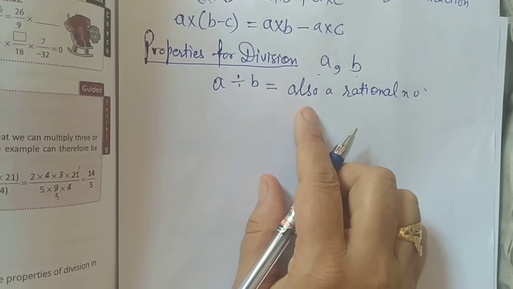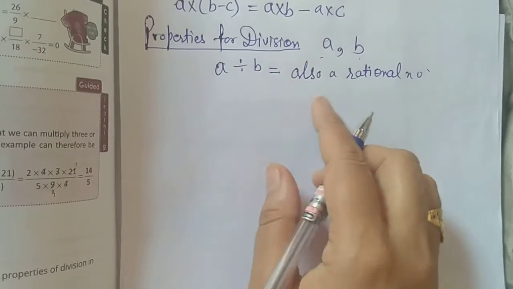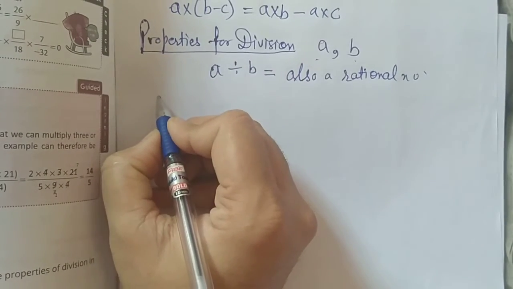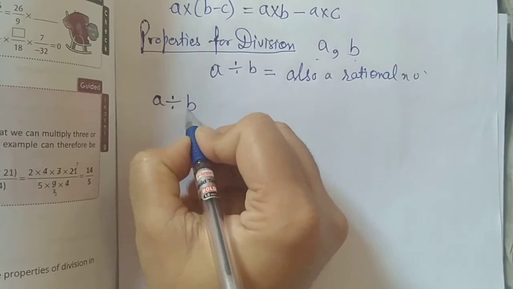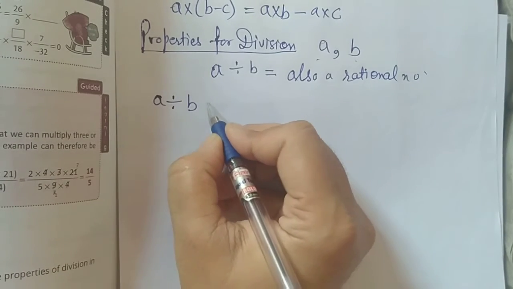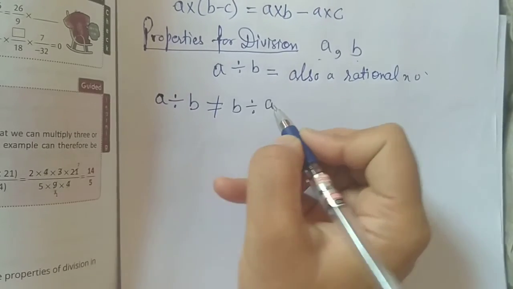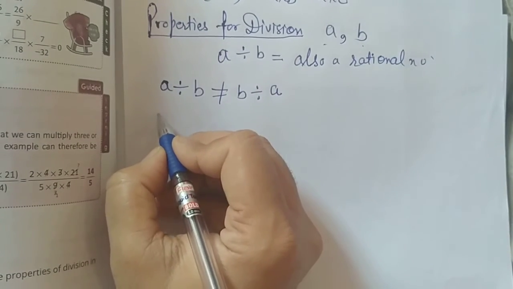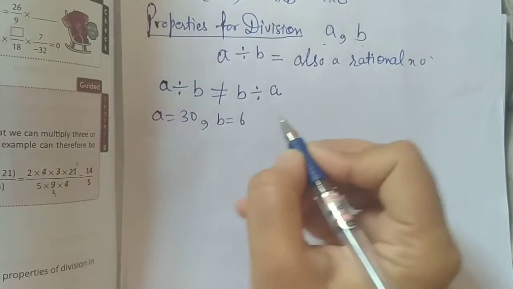So next is the commutative and associative property. This will not hold good. Suppose we have two rational numbers a and b; is a divided by b equal to b divided by a? Suppose a is equal to 30 and b is equal to 6.